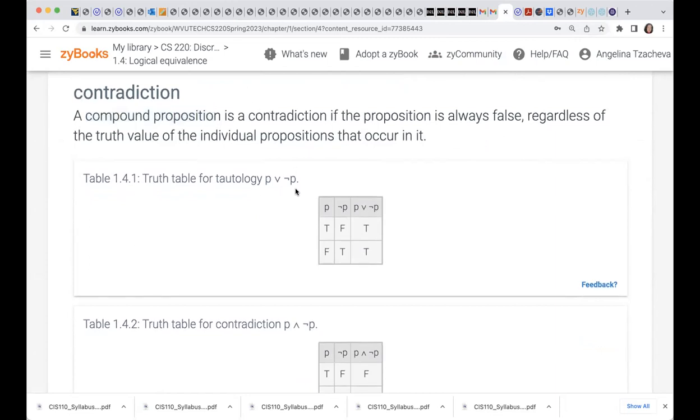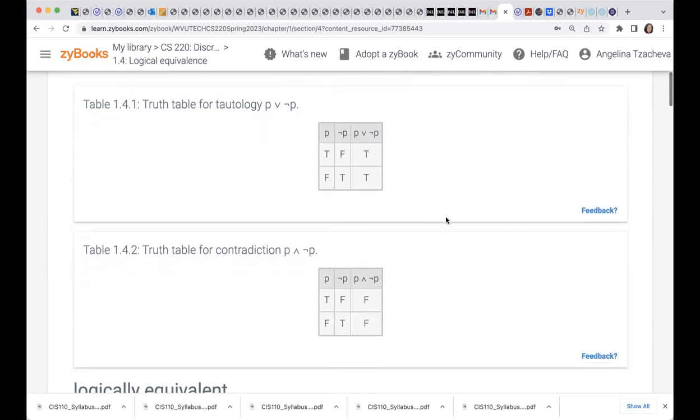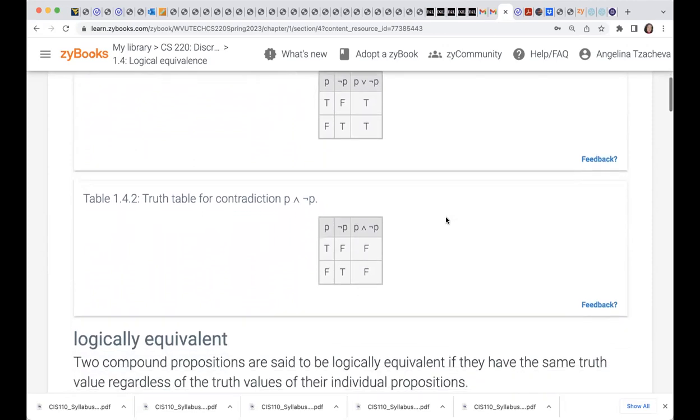So if some of them have a contradiction in them, let's say they're using the negation statement, then if the compound proposition has a contradiction in it, regardless of the truth value of the individual propositions, then the compound would evaluate to false. So this is what happens over here.